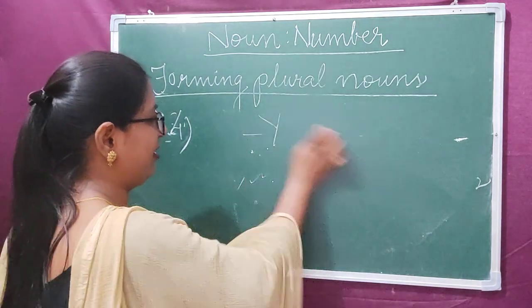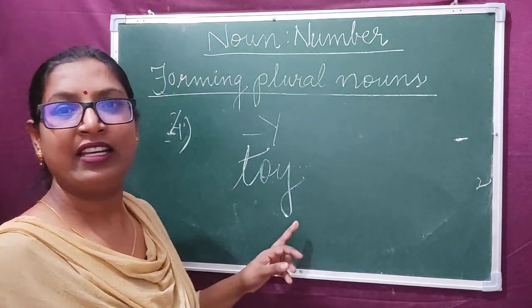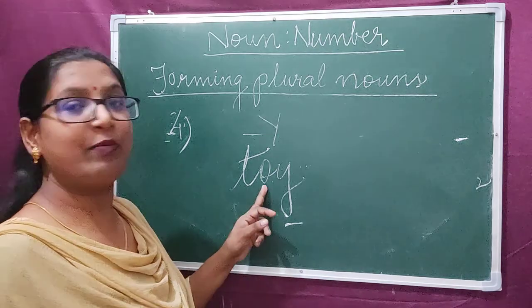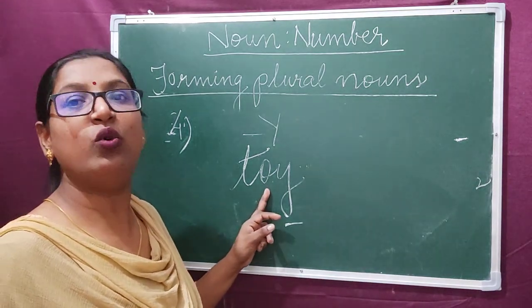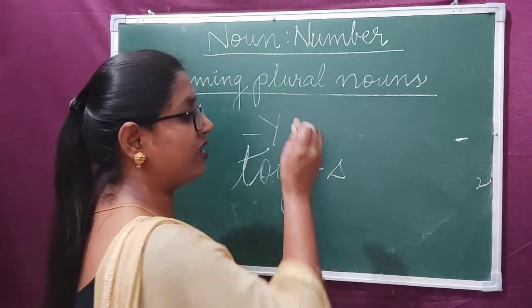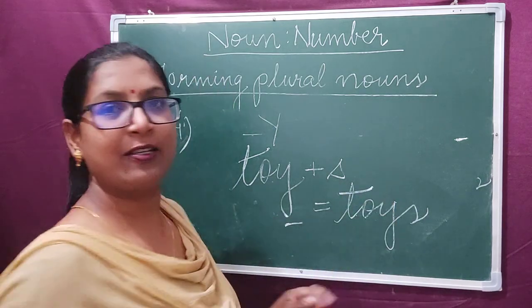T-O-Y, toy. Clear? Here we can see it is ending in Y and before Y the vowel O comes. In that case we just add S with it to make it plural. The word we get, toys.